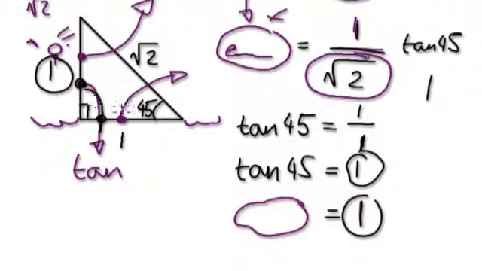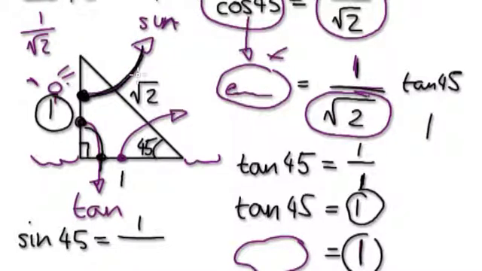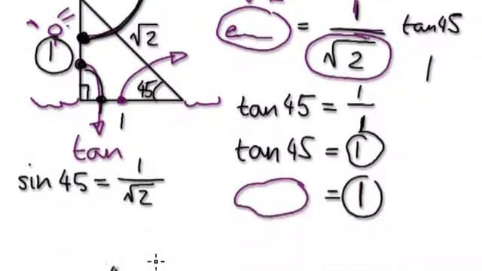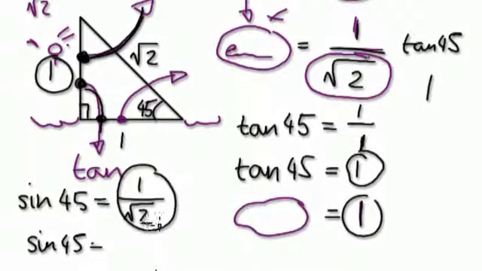Okay, and also what's the other one? We've done cos and tan. So the other one is sine. Now, if you look at this, sine 45 equals, well, it starts here 1, and then divided by root 2. So if you ever see sine 45, you can actually replace it with this as well.